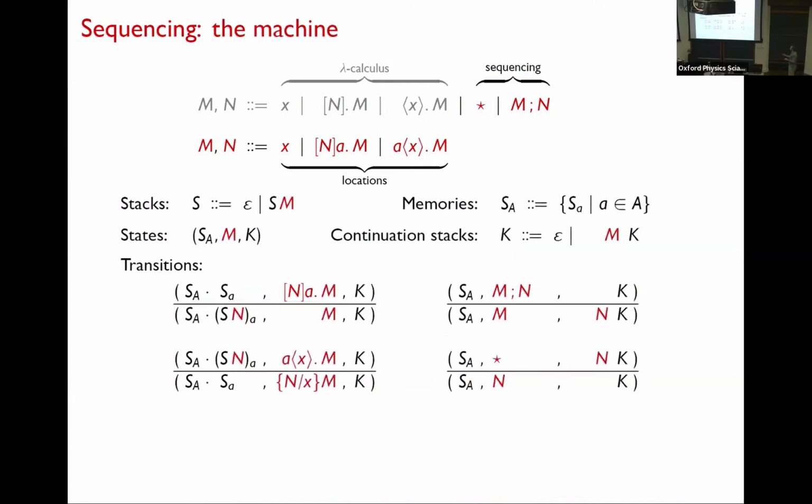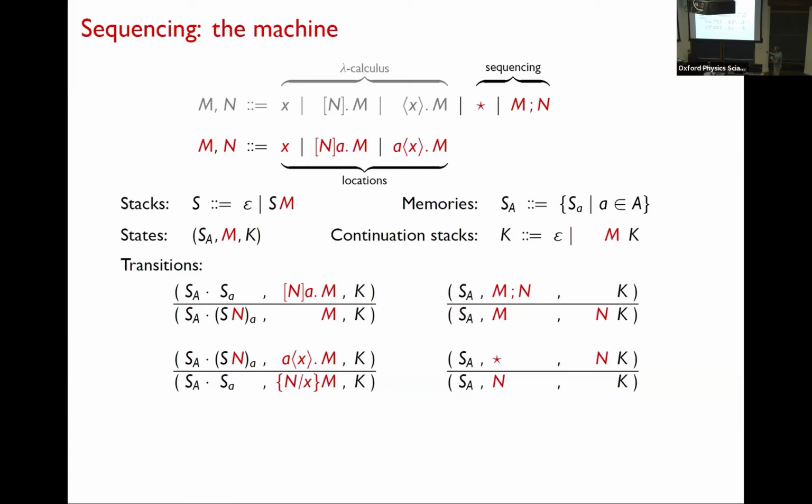So what does that look like? Now our states have a memory, a term, and a continuation stack. A continuation stack is just a stack, except I write it the other way around, so that everything is horizontally nice and tight. The continuation stack does nothing for pushing and popping, but of course it works with sequencing.